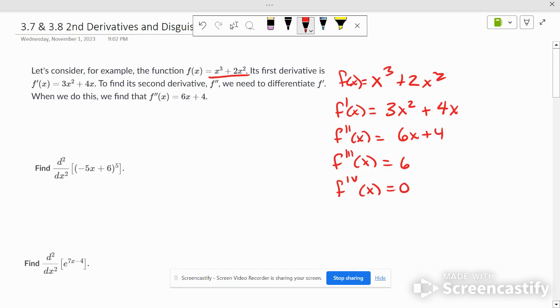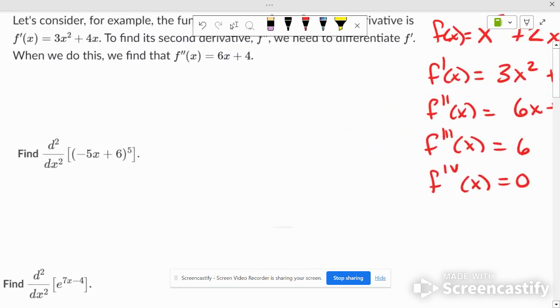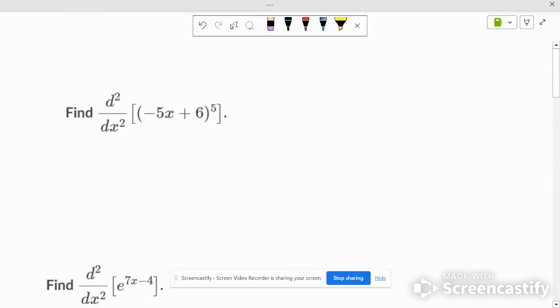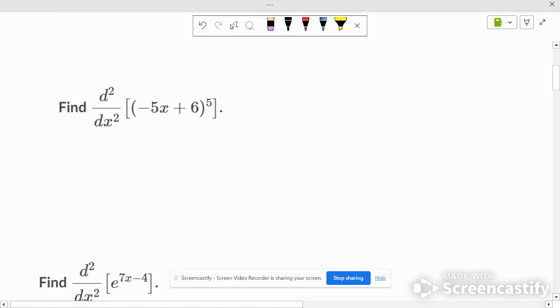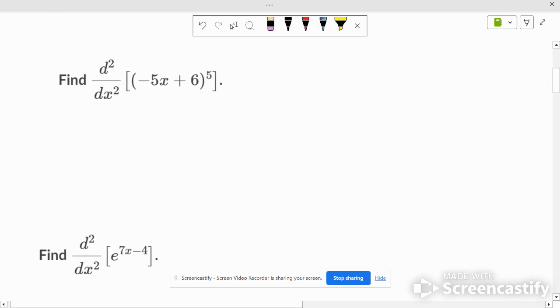But our second derivatives won't be so easy because we're going to involve the chain rule in some of ours and other rules. So I'm going to zoom in here. All right. So to find the second derivative, what do we have to do first? Find the first derivative.